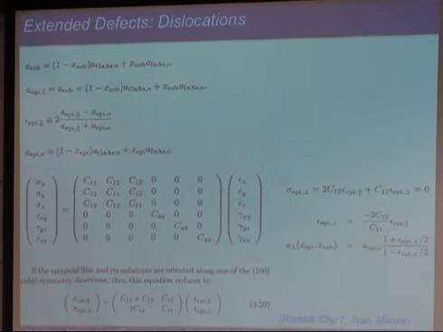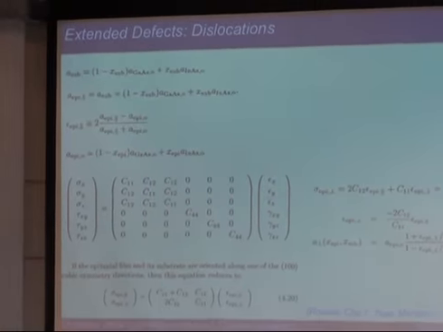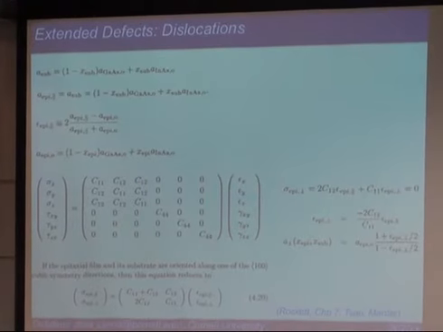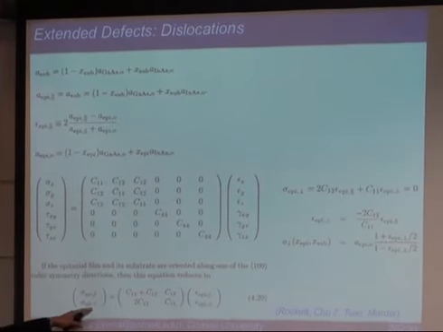What you end up getting is just two terms left, and those are the two terms we're interested in: the parallel strain and the perpendicular strain. Those are stresses and strains. That's all we are interested in at this point.